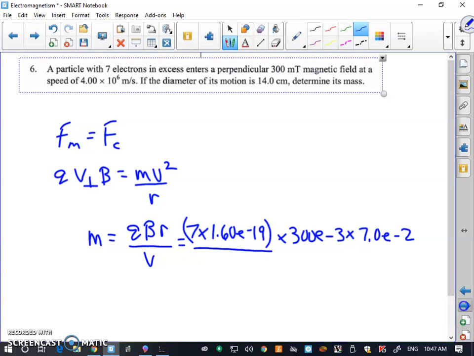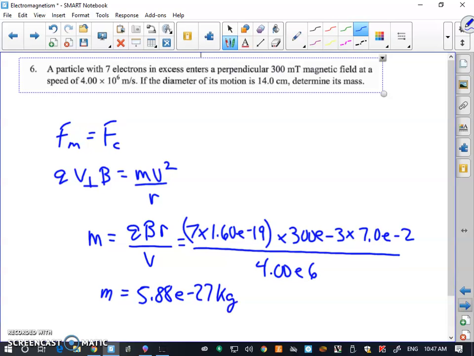And then we're going to divide that one by v, which would be 4 E6. All right, I got 5.88 E negative 27 kilograms.